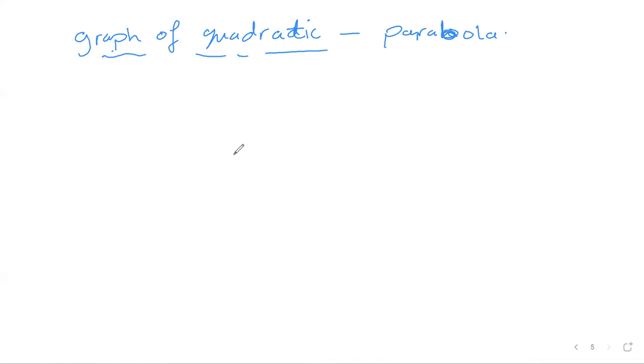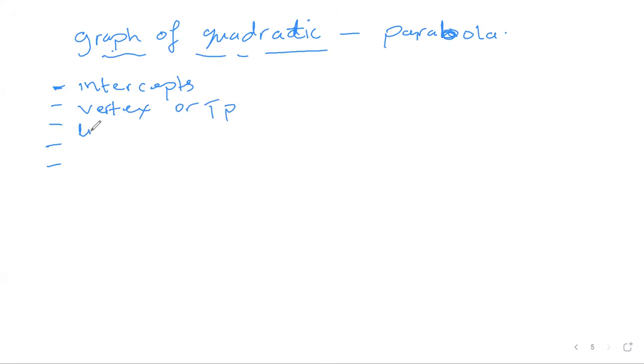So in order to sketch a parabola, we have a number of ingredients that we need in order to sketch our graph. So we need the intercepts, both y and x intercepts. We need the vertex or turning point of the graph.